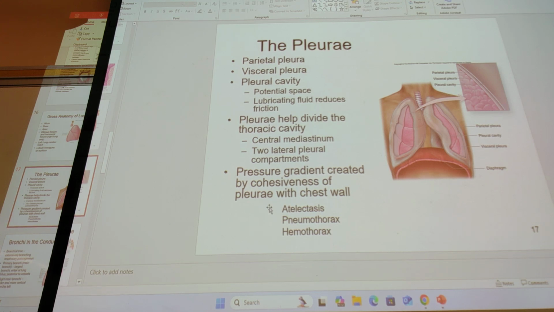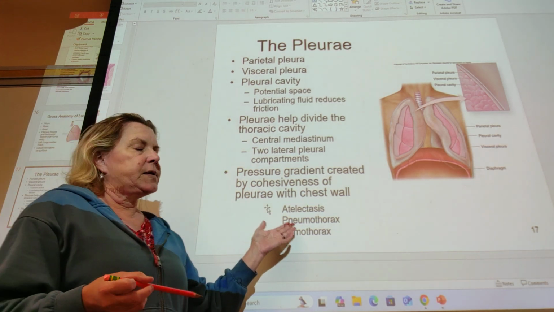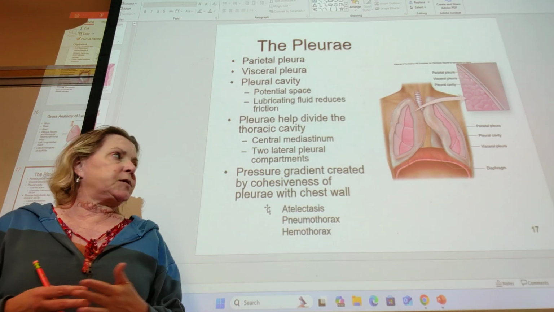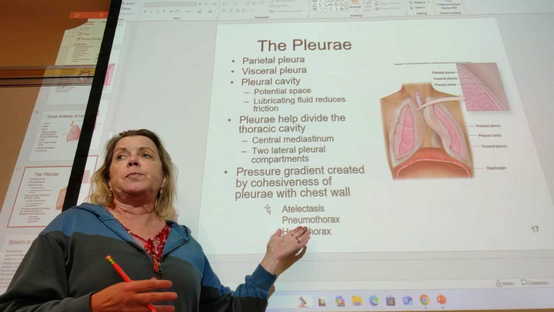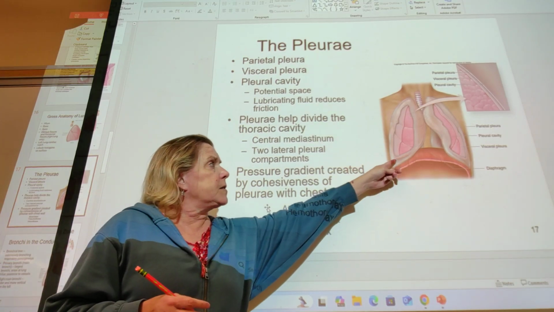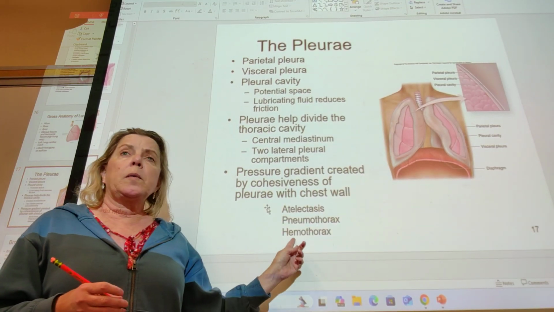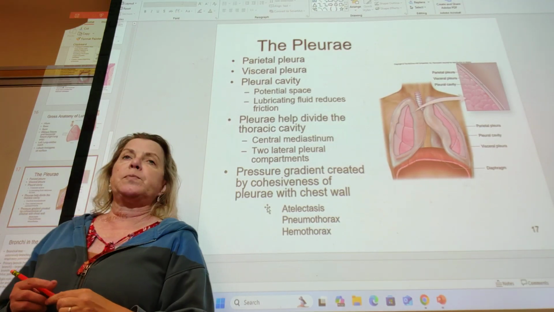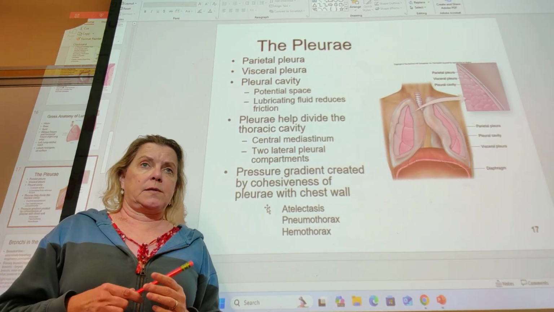Now, when we get into our last 2 lectures for the respiratory system, I will tell you about an atelectasis, which basically means a collapsed lung. It can collapse because either air is in this potential space or blood. If it's air, it's a pneumothorax. If it's blood, it's called a hemothorax.